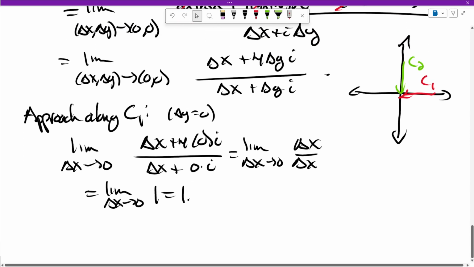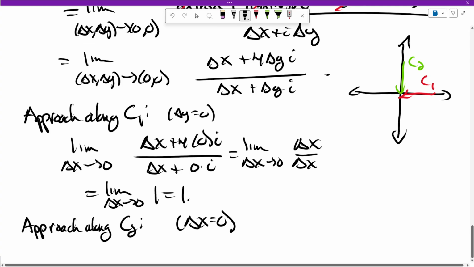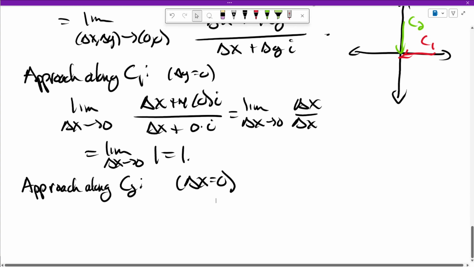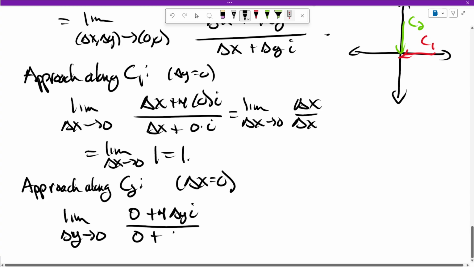And now let's look along the imaginary axis. So we're going to approach along C2 in the picture. So that's where delta x is 0. All right, I'm going to scroll down a little bit. So we're going to look at the limit as delta y goes to 0 now, because delta x is 0, of delta x plus 4 delta yi, where delta x is 0, over delta x plus delta yi, where delta x is 0.